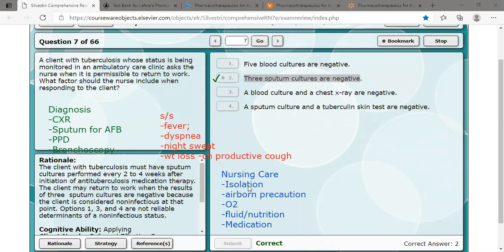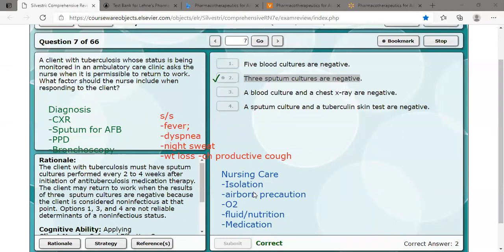Our first priority, respiratory isolation. Usually 2 to 3 weeks after starting the medication. Or airborne precautions we have to follow.